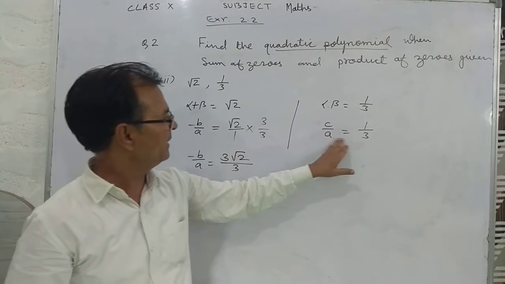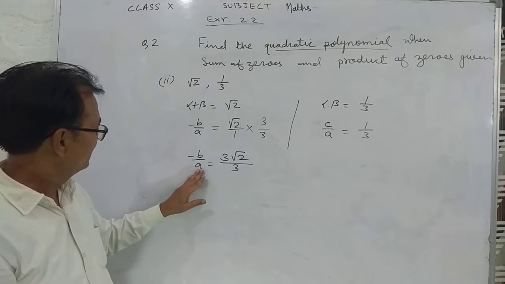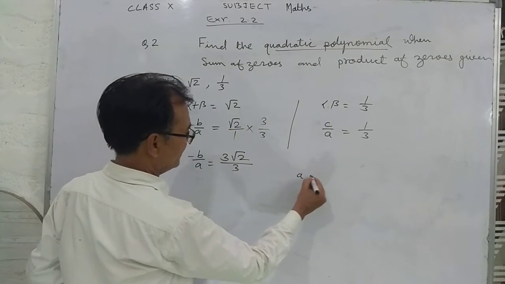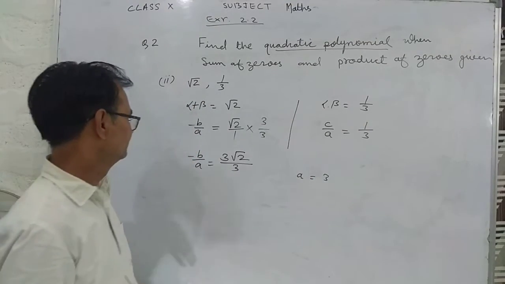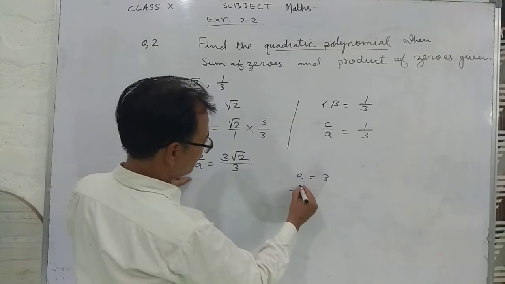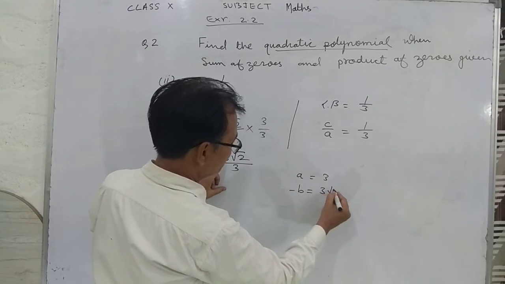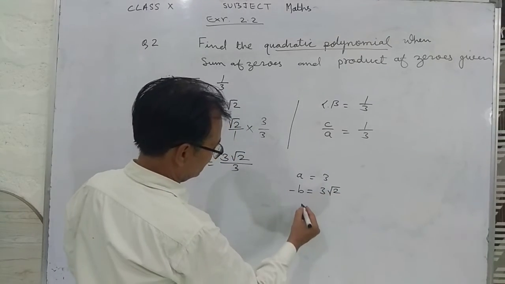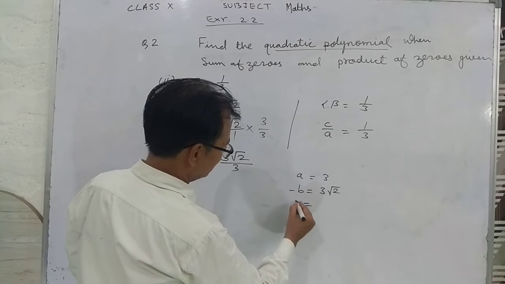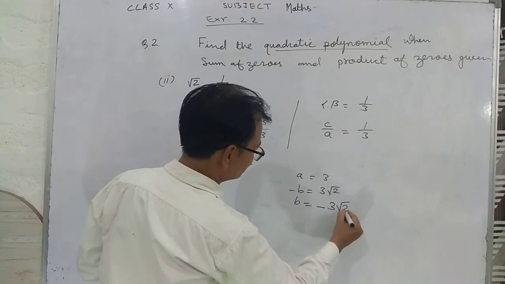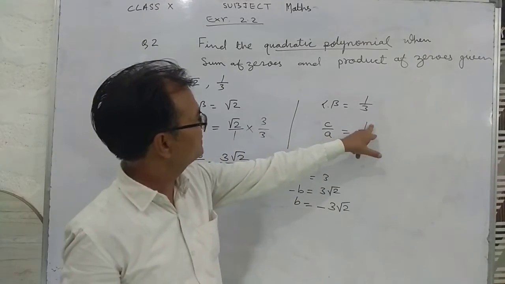Here we have a equal to 3. A is 3. Minus b equal to 3 root 2. Then we can say our b is minus 3 root 2 and c is 1.